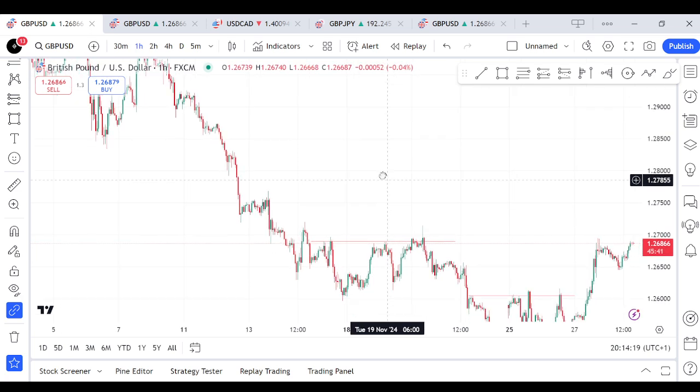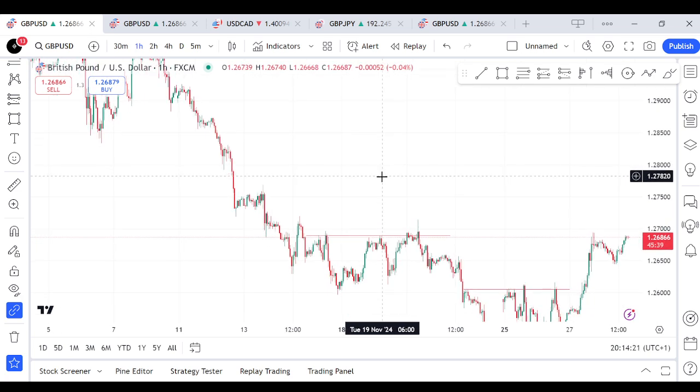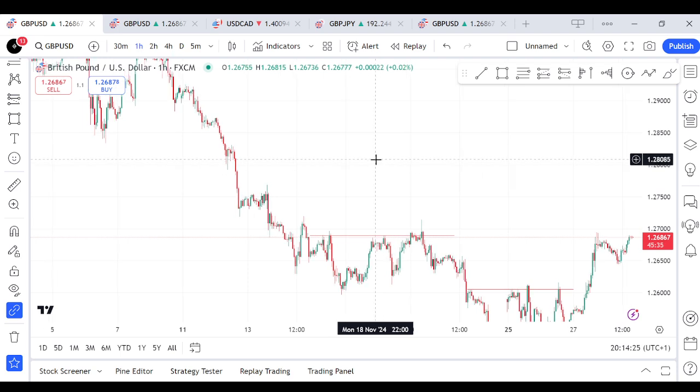First, let's understand advanced support and resistance. But before we get to the advanced part, let's understand what support and resistance is in the first place. Support and resistance form the backbone of price action trading, but their advanced application goes far beyond basic horizontal lines.